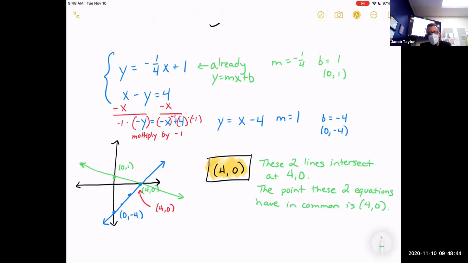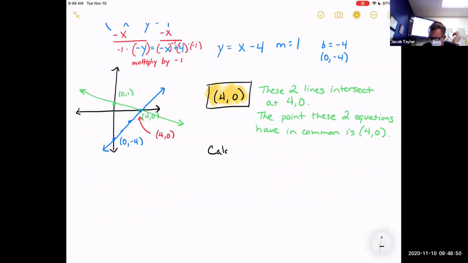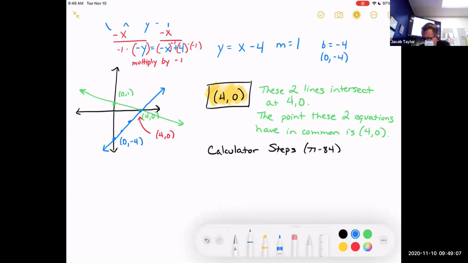And because I want you to have this in your notes, I'm going to go ahead and put a little box here for calculator steps. This is for the TI-84. I really want you to know the calculator steps for the TI-84 because, as I said, the TI-84 is the tool you will be allowed to use on the EOC exam.